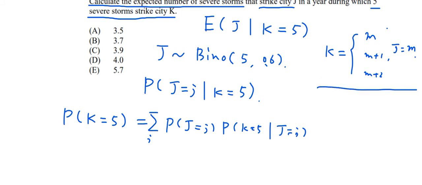So if we want K to equal 5, J can only be 3, 4 or 5, right?